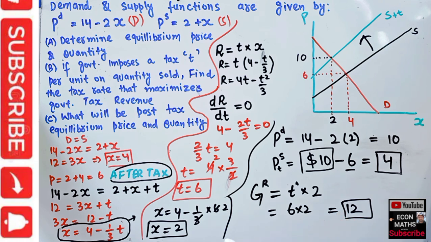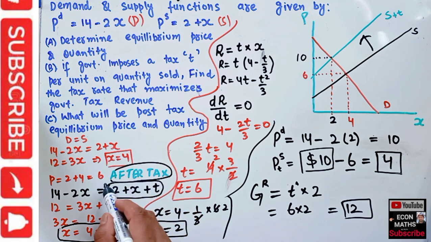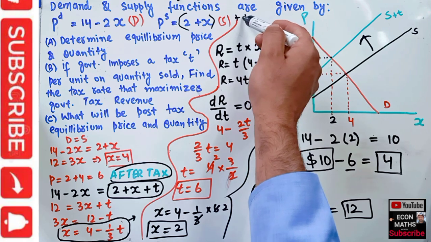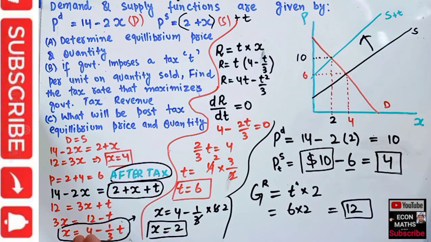After the imposition of tax, we equate the old demand function with the new supply function, and the new supply function will be equal to the old supply function plus the tax that is being imposed. When we equate them, we get the new quantity transacted x equal to 4 minus 1 upon 3 t.